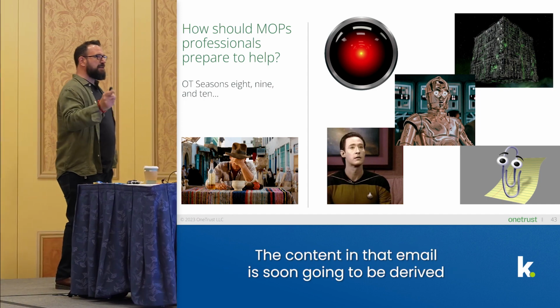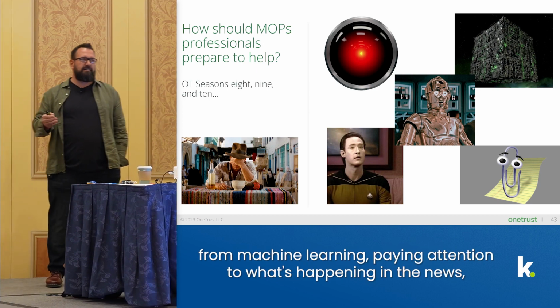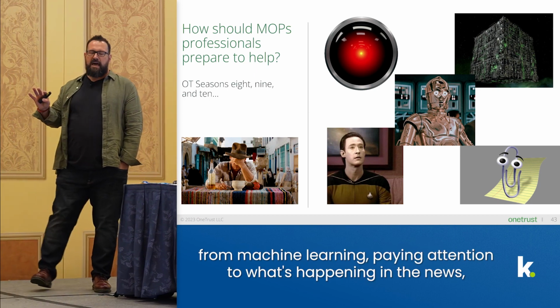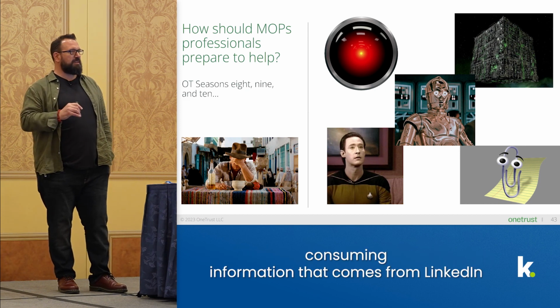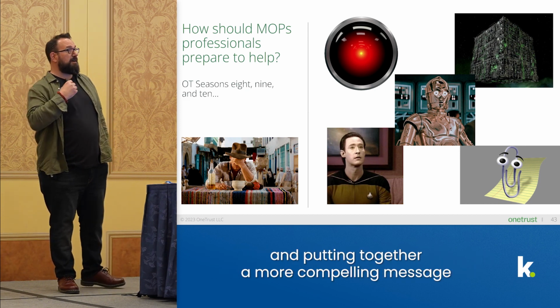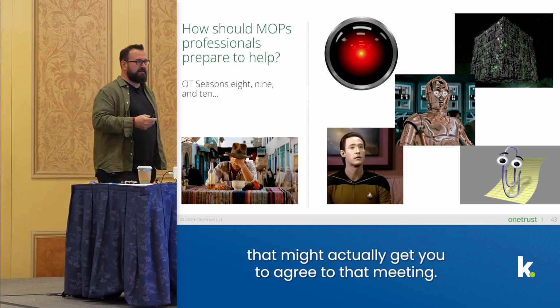The content in that email is soon going to be derived from machine learning, paying attention to what's happening in the news, consuming information that comes from LinkedIn, and putting together a more compelling message that might actually get you to agree to that meeting.